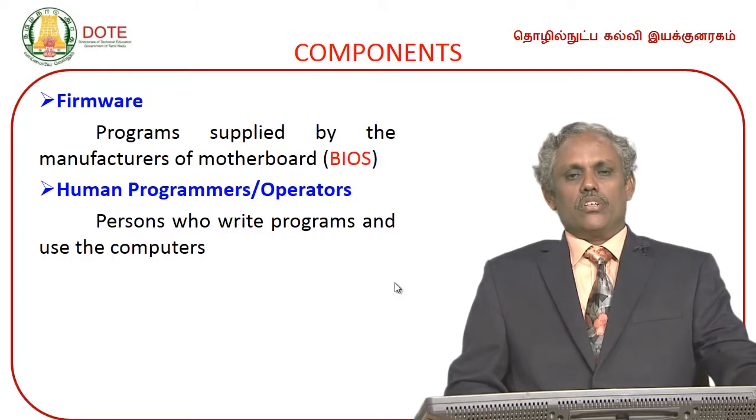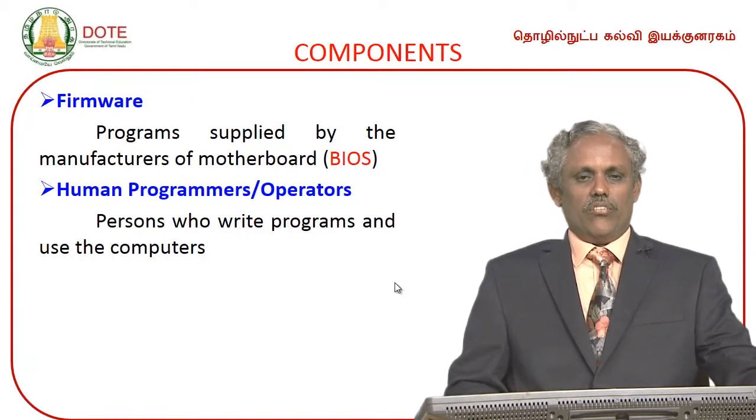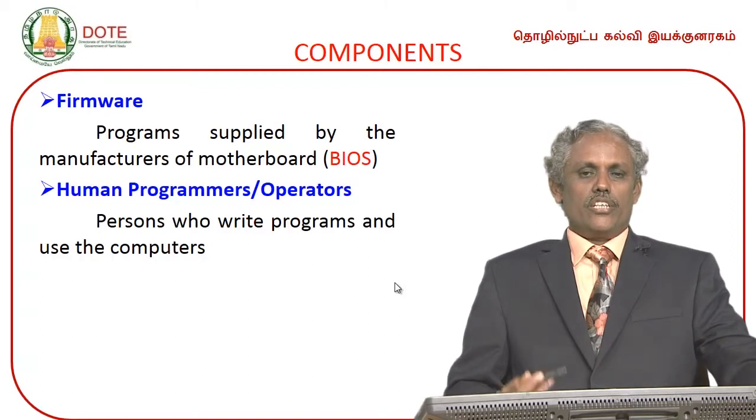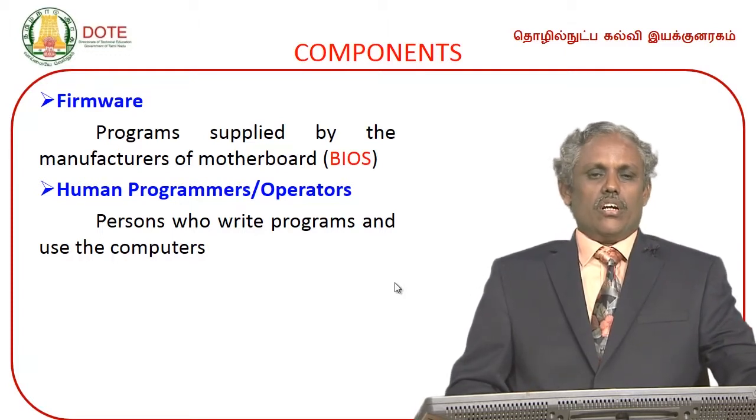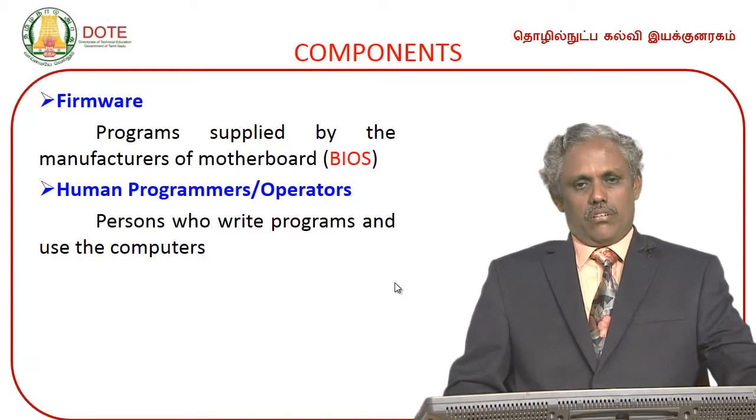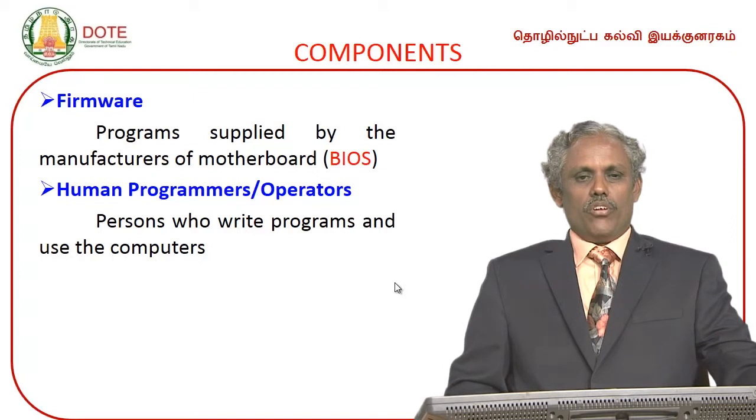These programs automatically execute even though other devices are not attached. When you switch on the computer, it will display messages like how much memory is there, whether the keyboard is connected or not, etc. So, this firmware is built into the computer motherboard. It is software within a hardware.